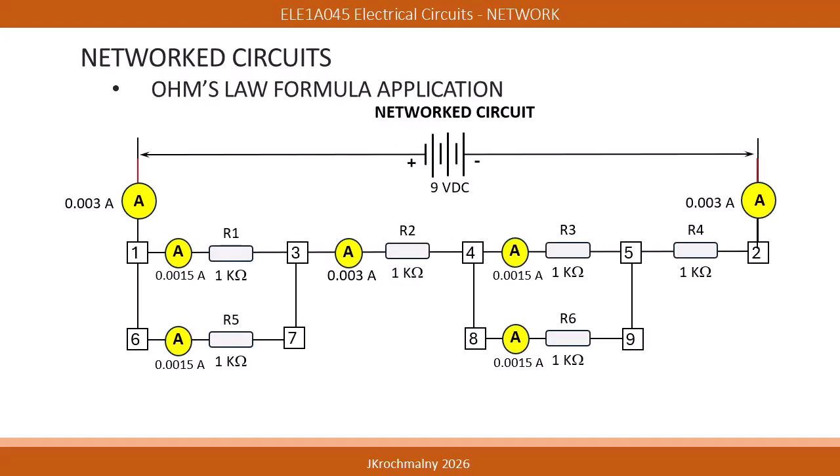Performing the same calculation as done in the previous parallel circuit for the R3 and R6 resistors, we calculate 0.0015 amps passing through the R3 and the R6 paralleled resistors. The R4 resistor calculates to have 0.003 amps passing through it.